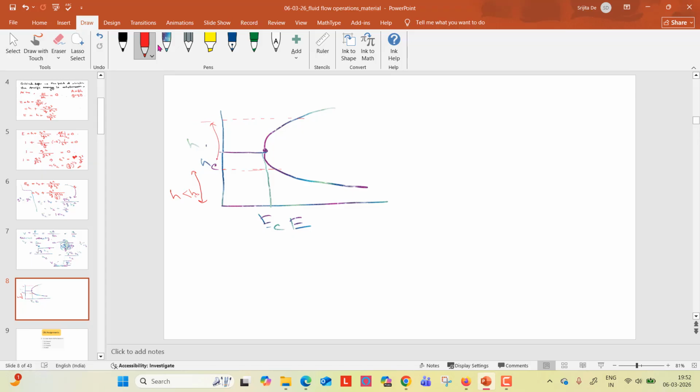So this distance is H greater than Hc, right? So beyond the critical point, we have seen that this is the tranquil part and this is the rapid part. So it is what is written here.